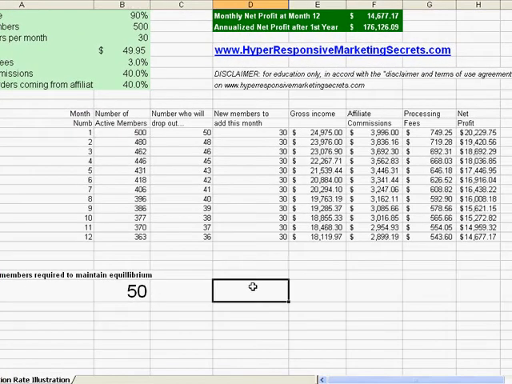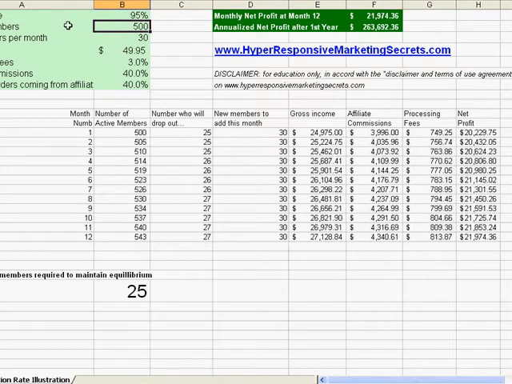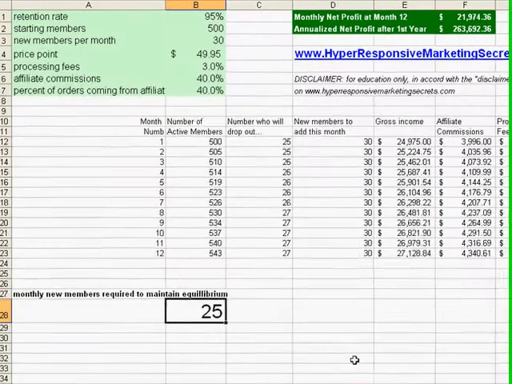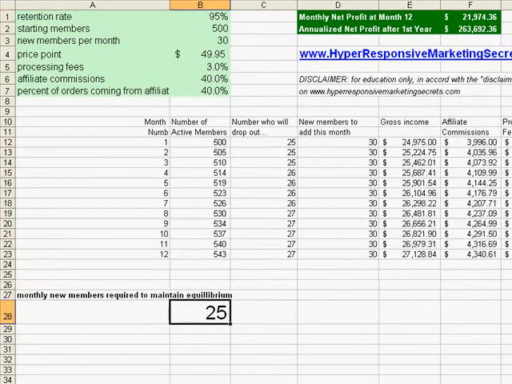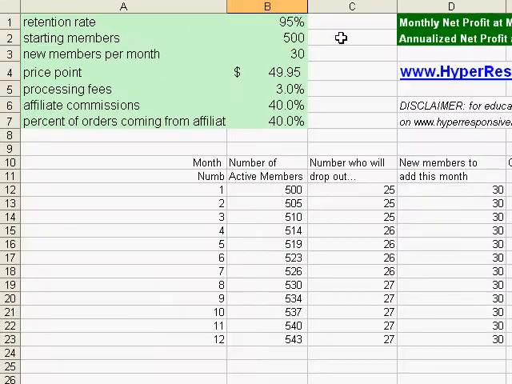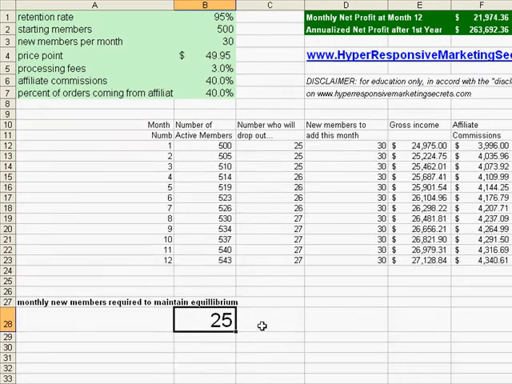At 95%, this number down here says you need 25 new customers every month to maintain equilibrium. You can download the spreadsheet, by the way, below the video. You get that by multiplying 500 times 5%, which is 100 minus 95%. That's how you get to the 25 people that are going to drop out every month.